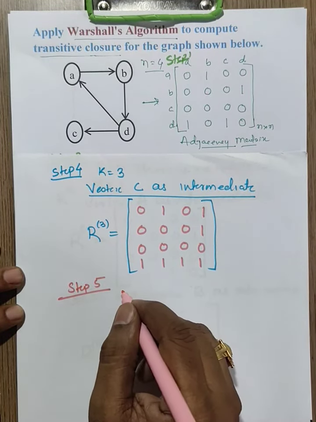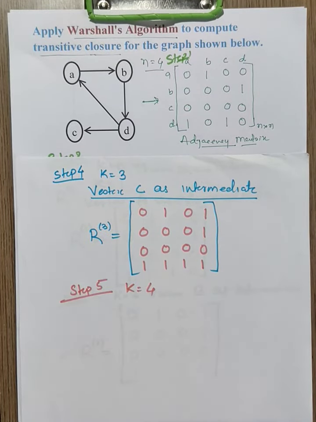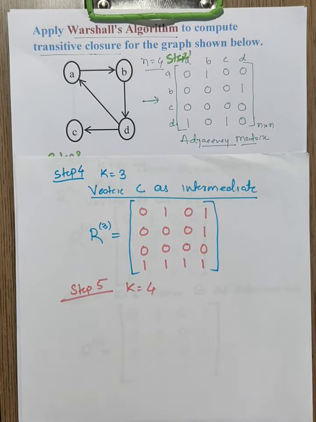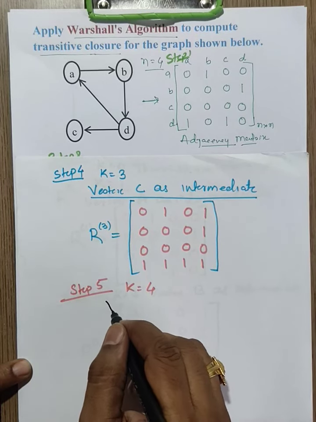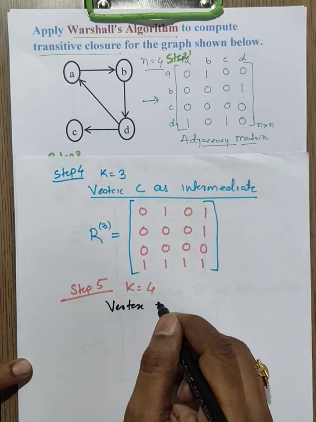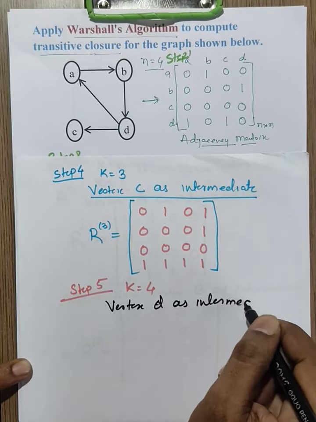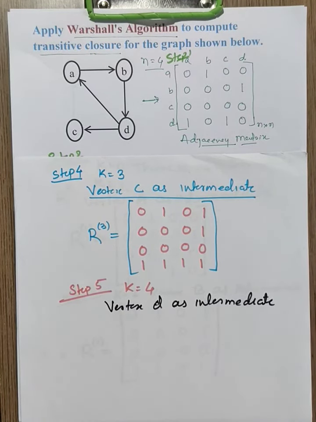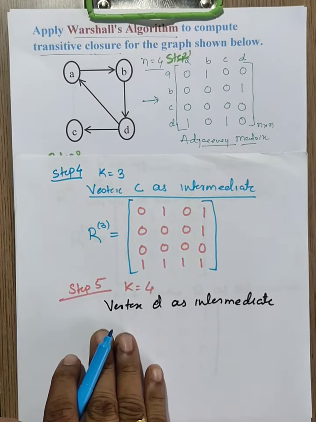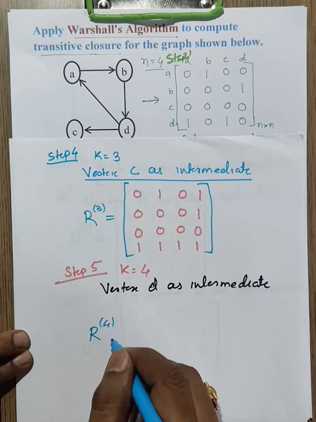In step 5, k equal to 4, and here there are 4 vertices. 4 vertices means last is k equal to 4, and k equal to 4 means vertex D as an intermediate. If vertex D is an intermediate, using D you can take transitions. Means using A, B, C, D you can take transitions. This is R to the power 4.